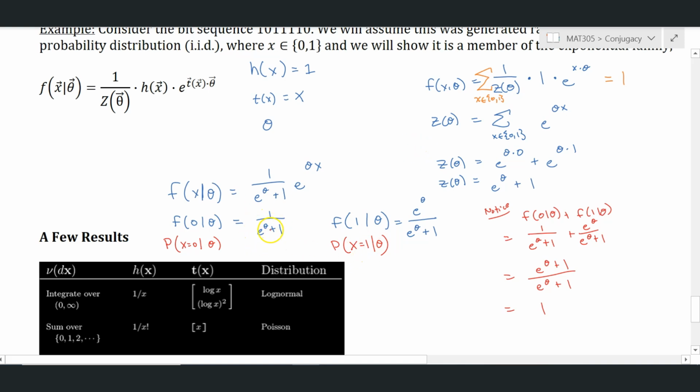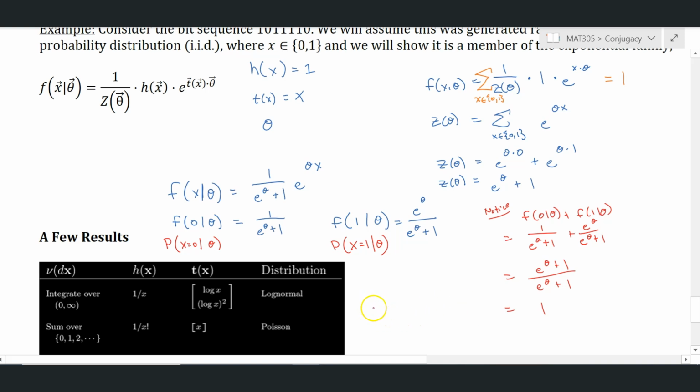Now, as far as what we might expect, maybe we want to generate a 0 half of the time. That doesn't necessarily correspond to a theta of 1/2, because if you do e to the 1/2 plus 1, you're not going to get 2, and the fraction won't be 1 over 2.